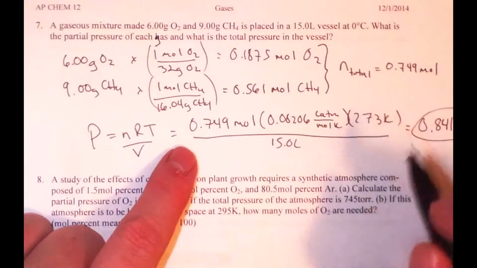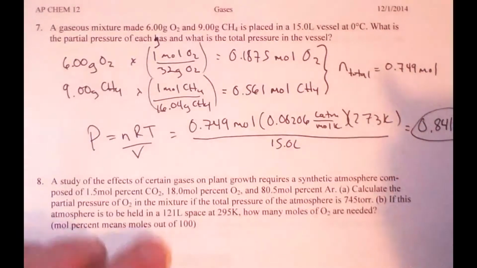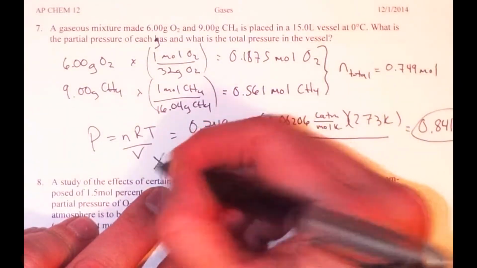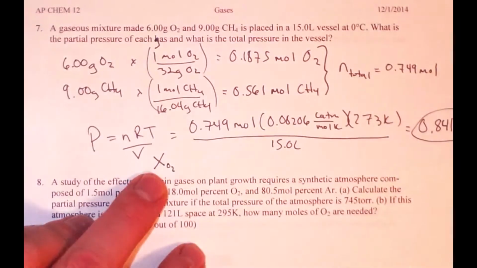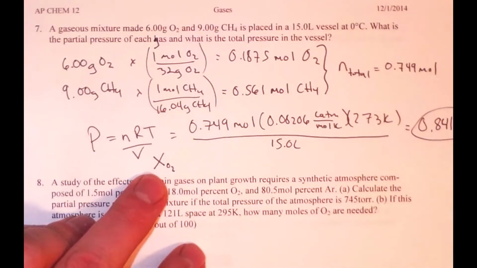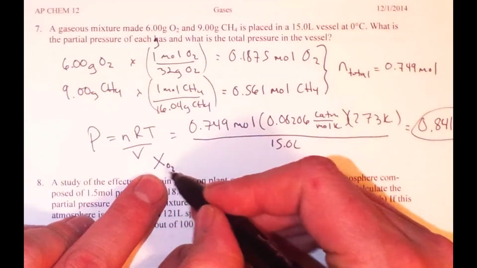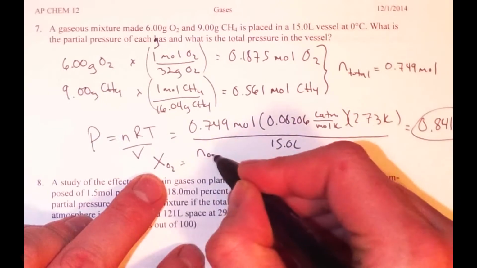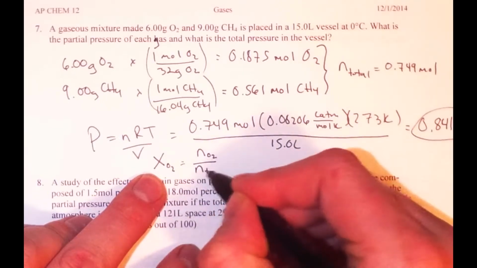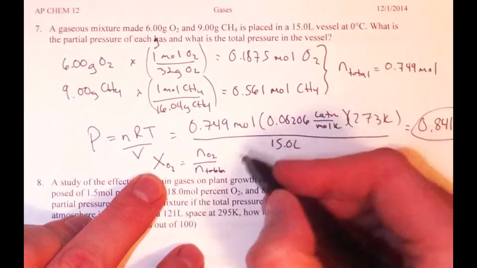We can then determine the partial pressure by doing something called mole percent, or mole fraction. XO2 stands for the mole fraction of O2, and it's the number of moles of O2 divided by the total number of moles.